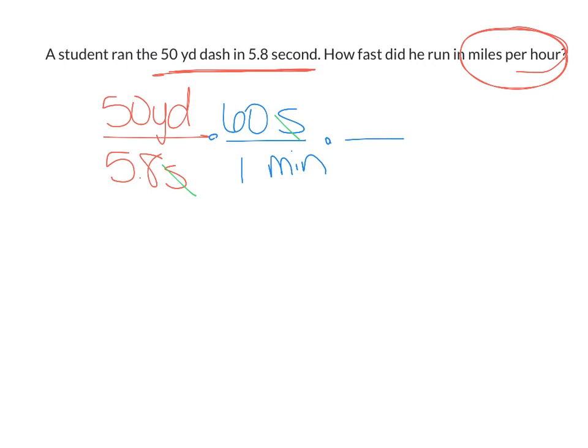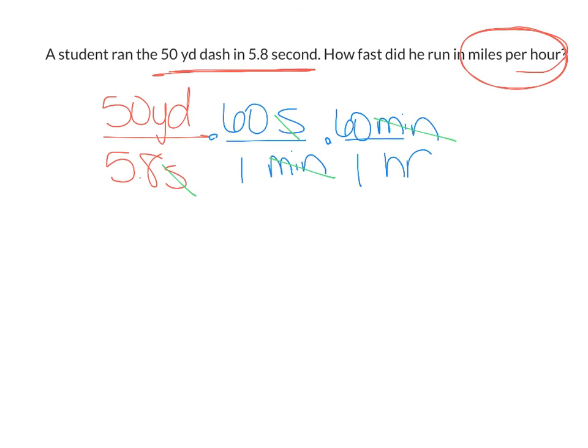This time I'm trying to cancel out the minutes, so I need to put my minutes in the numerator and my hours in the denominator. Now my minutes are gone, and I have the unit I want, my hours. I know that there are 60 minutes in 1 hour. If you know that conversion straight from seconds to hours, you could write that in 1 step instead of 2.